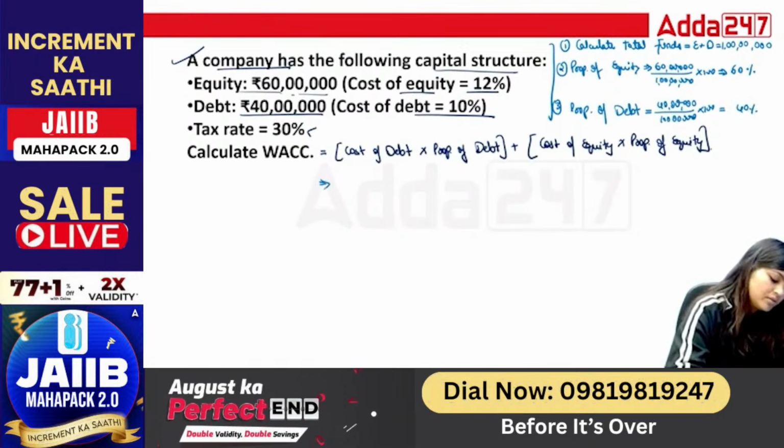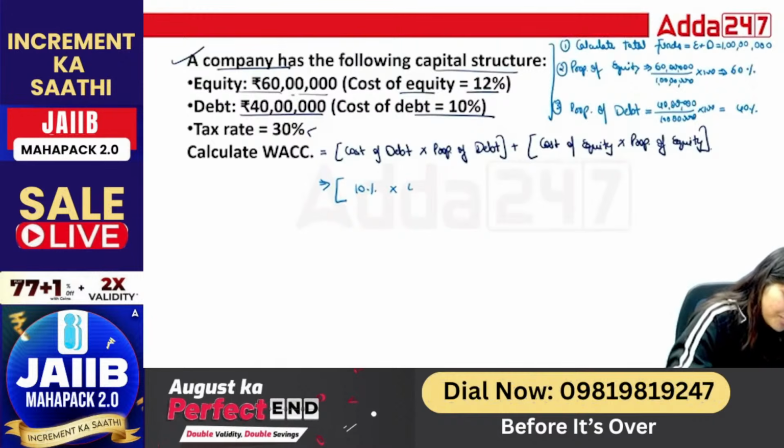Now let's put the figures, because already we know the cost of debt, that is 10% into proportion of debt, that is 40%. But remember here tax rate is given, so 1 minus 0.30, plus cost of equity, that is 12% into your proportion of equity, that is 60%.